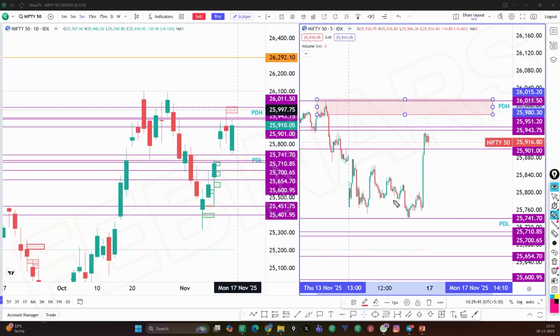But I prefer to short the market rather than buy, because technically it is an overbought level, and the data is also negative. FIIs and pro traders are also negative. So I prefer shorting the market at this level, provided the market shows weakness.